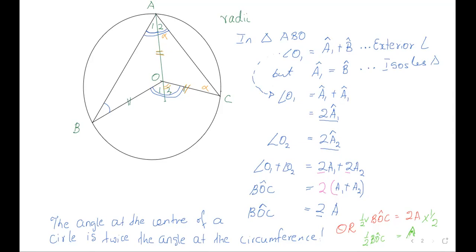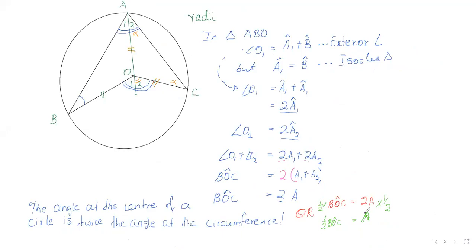So what do you have? Now let's see what you mean. We mean that if this angle here is 120 degrees, the whole of this angle here will be half of 120, which is 60.